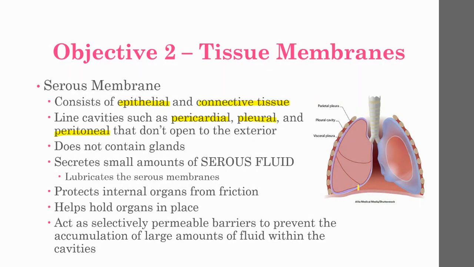And so in between you have that space. And so these serous membranes are going to secrete serous fluid, which is what's going to fill that space up and help to lubricate and keep those organs from rubbing together. And they're also going to help hold them in place. So your serous membranes, like we talked about before, once again, they're going to be a combination of 2 types of tissue.